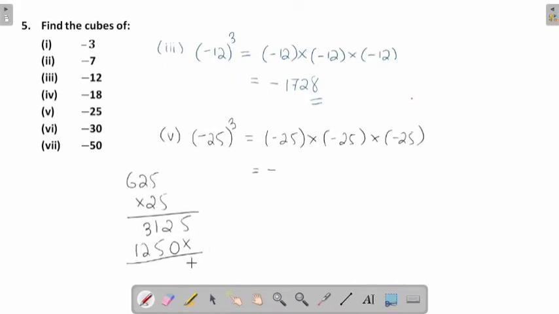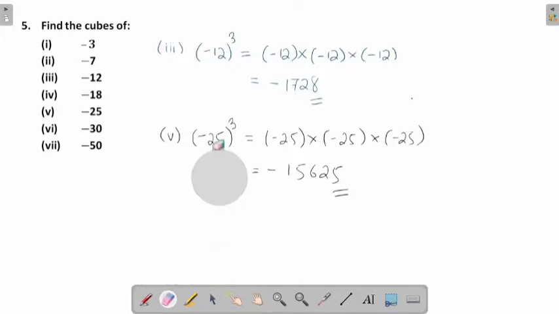So add this, 5 2 6 5 1, right? So you get 15625. So this will be your answer, or rather the cube of minus 25. Okay, so you may pause the video and note down your solution.